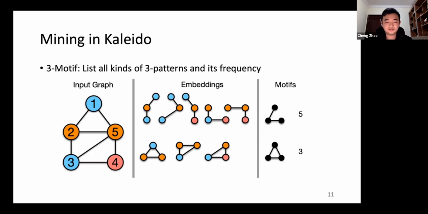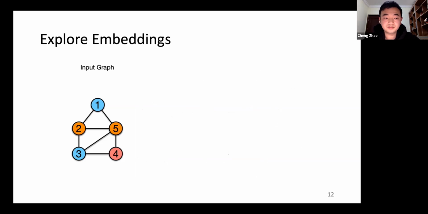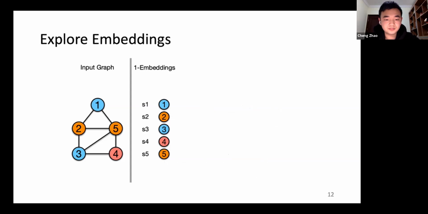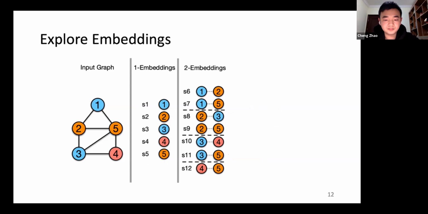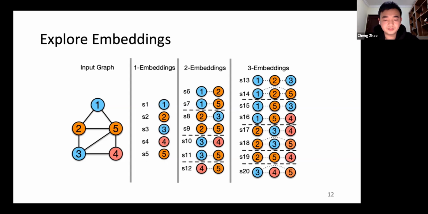Then we transfer each embedding to a pattern and count the number in the aggregation phase. In the exploration phase, first get all single vertices, then get all edges. Next, we extend a vertex for each edge, and we get the 3-vertex embeddings.